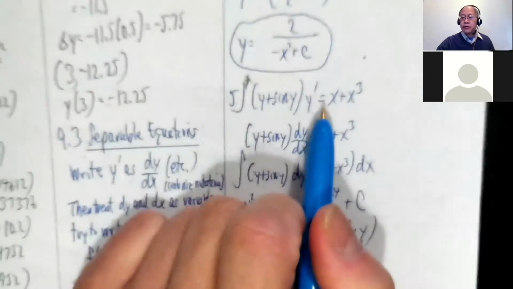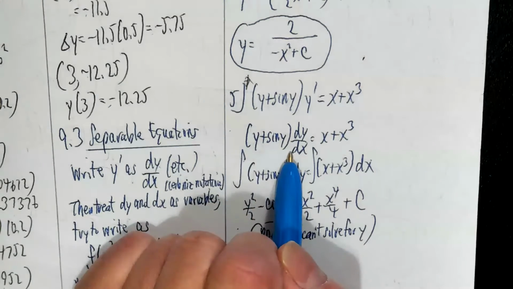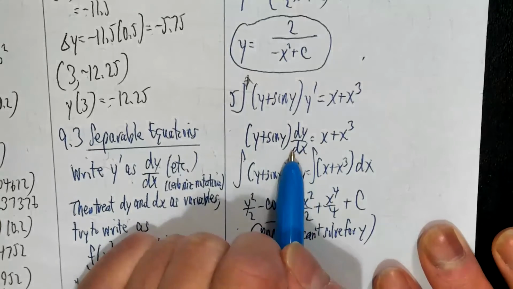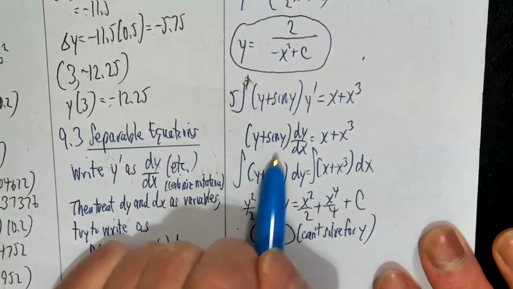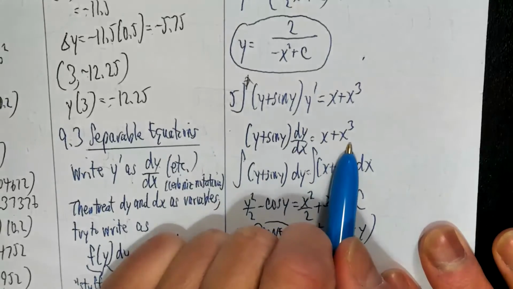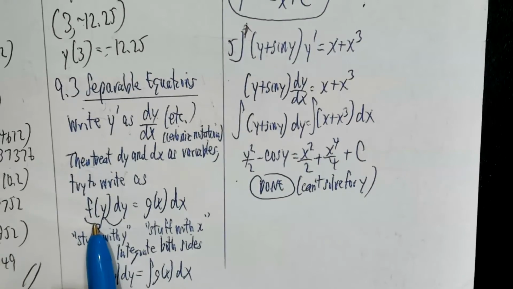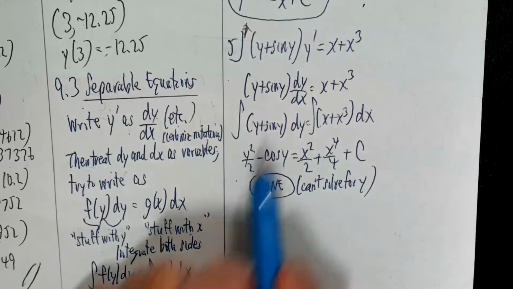Okay, so the rule is, if you see a y prime, write it as dy dx. And then this one's pretty easy to separate, just multiply both sides by dx, right? If you multiply by dx, then this has stuff with y dy, this has stuff with x dx. You want f of y dy, loosely speaking, stuff with y, g of x dx, stuff with x.